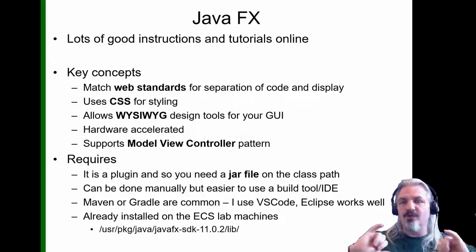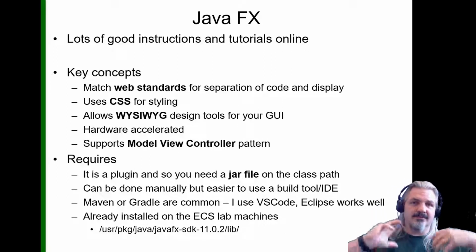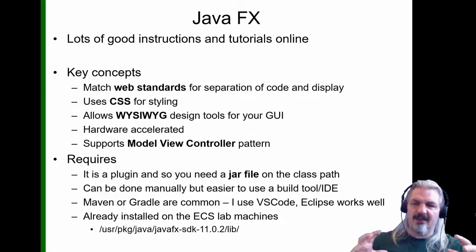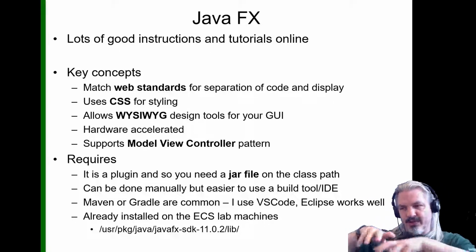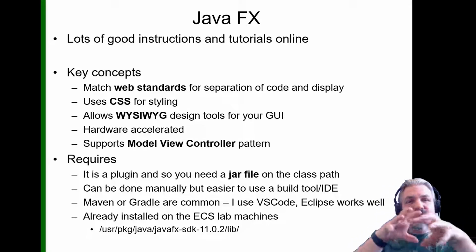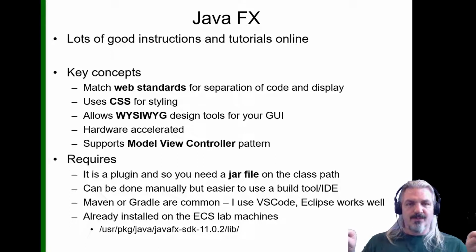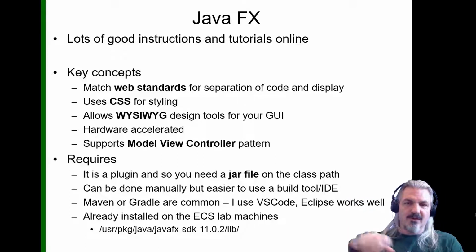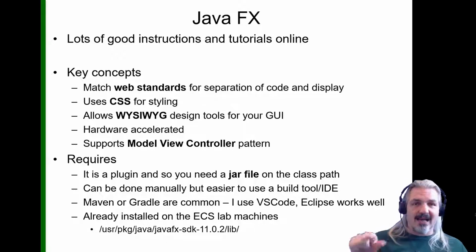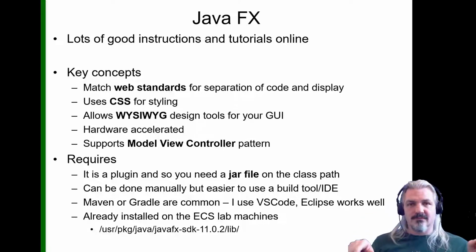Just a quick overview of this model view controller pattern. It's a design pattern, an architectural pattern. The idea is that you keep your data separate from your view, and you have code in the middle that controls those two. So your data doesn't have anything to do with the view. The view does not directly ask things of the data. It goes through a controller.